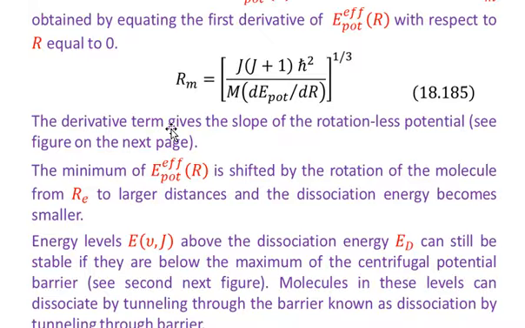The derivative term gives the slope of the rotationless potential. That is, when the molecule is not rotating, this will give you the slope of that potential.